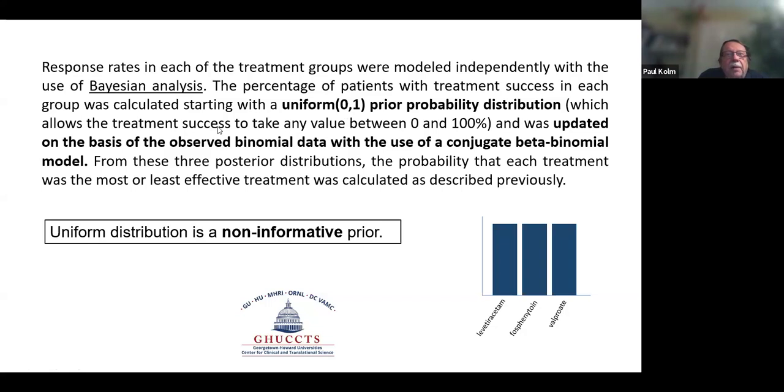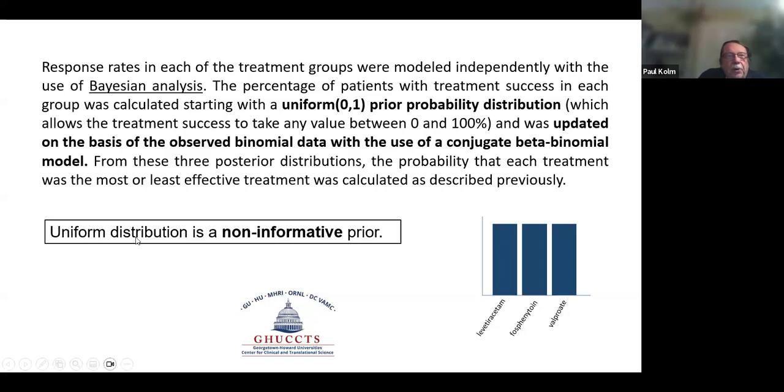And then this is going to be updated on the basis of their analysis, and they're going to use a binomial or beta binomial distribution to model the posterior distributions.